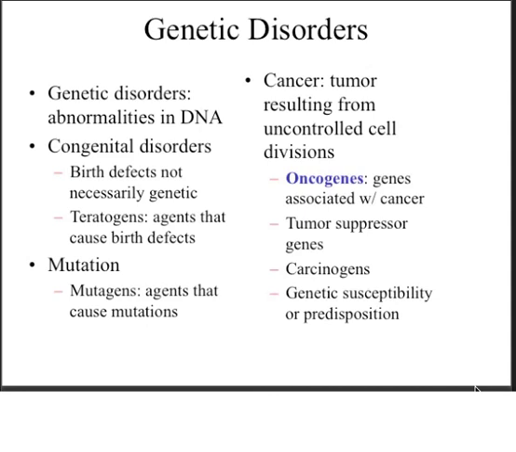A carcinogen is simply a chemical that promotes the production of cancer cells. Many carcinogens are also mutagens. Obviously, if you have the ability to change DNA structure, you have the potential to change genes that are associated with the control of cell division, and that can produce oncogenic tissue.